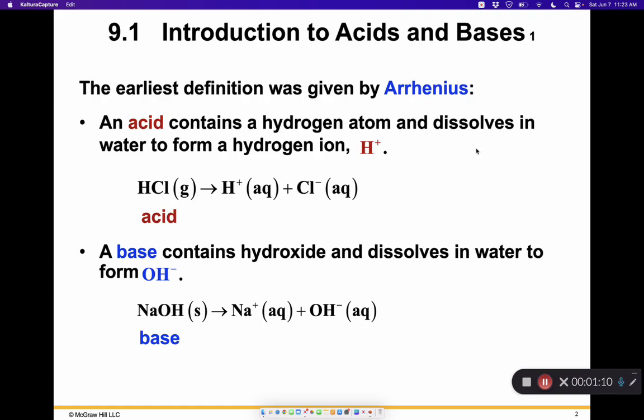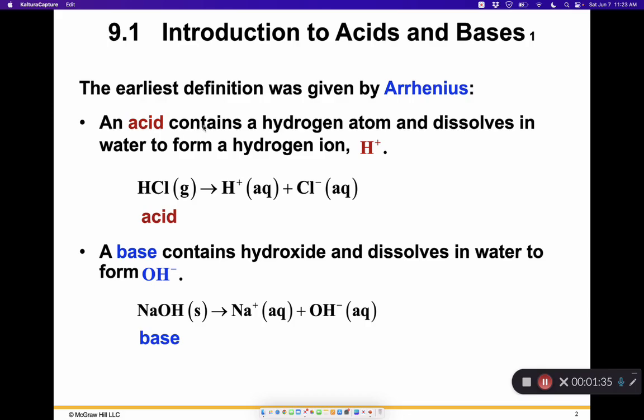Let's introduce the definition, which was coined by the scientist Arrhenius. So we call them Arrhenius acids and bases. According to him, an acid contains a hydrogen atom and dissolves in water to form a hydrogen ion.